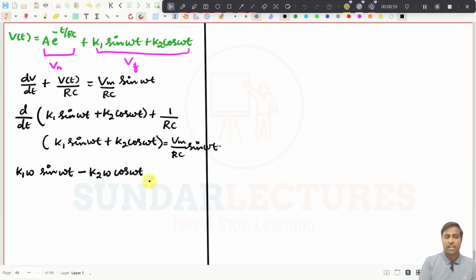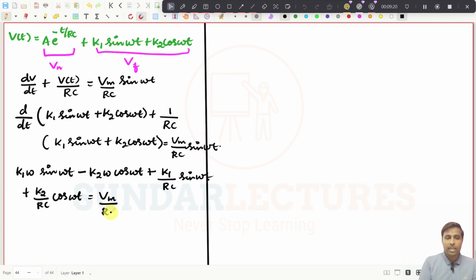And then plus, if you bring this RC inside, this will be K1 by RC sin omega t, and then plus K2 by RC cos omega t, and that should be equal to Vm divided by RC sin of omega t. Try to understand one thing here. This is an identity. This is an identity.